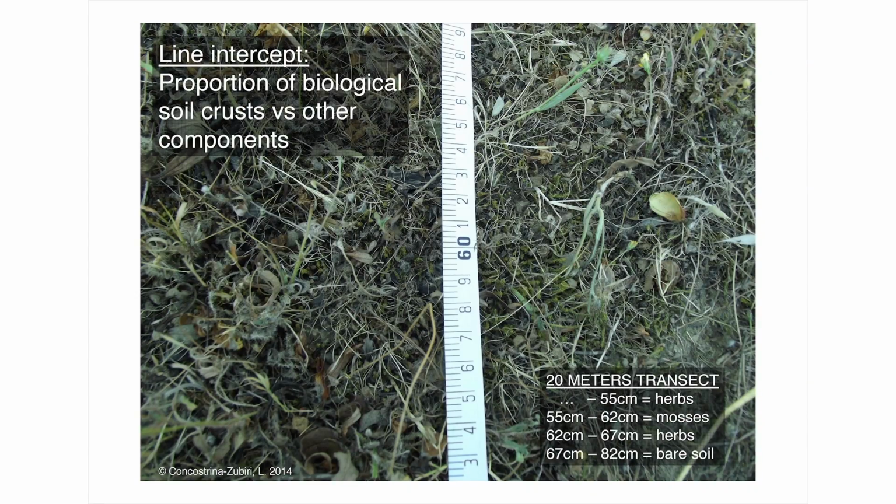So in the case of the line intercept, we have this matrix here, and the objective is to say, okay, from here to 55 centimeters, we have herbs, then we have mosses, as you may see here, but not so clearly, but here there are mosses, then maybe we have bare soil, and just like this to understand the contribution of each group or component.